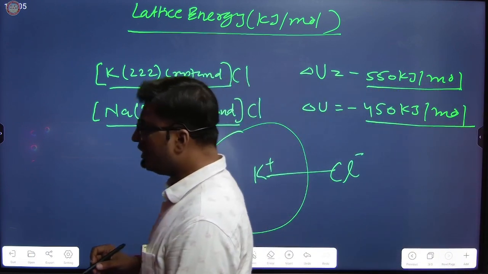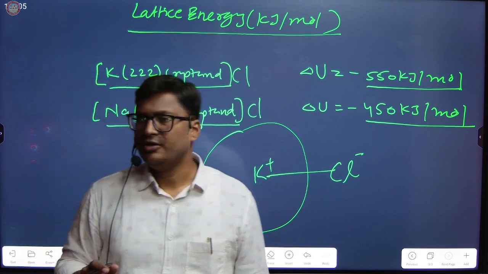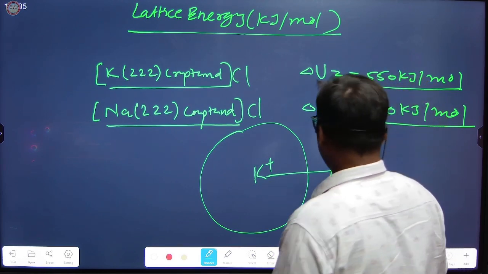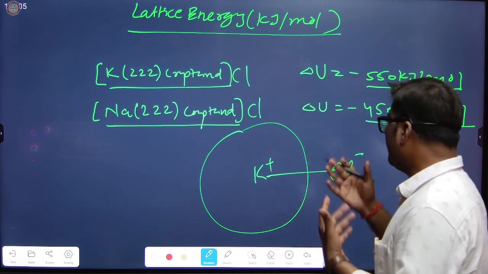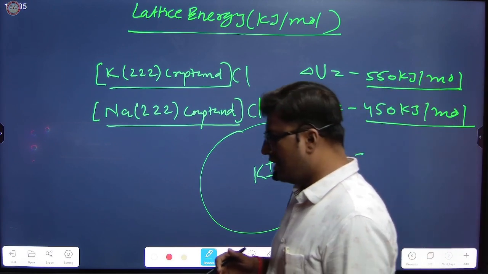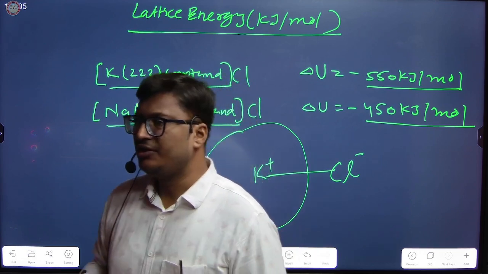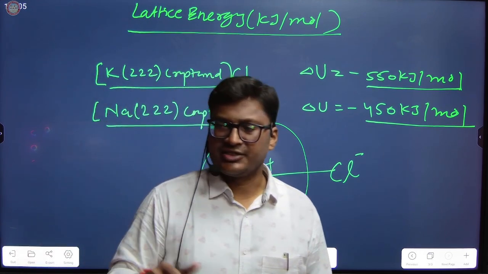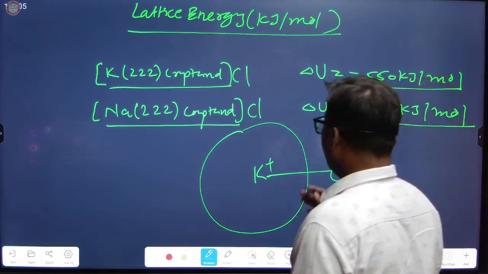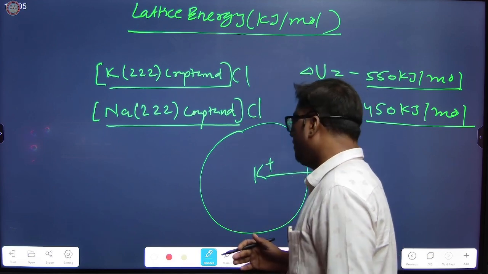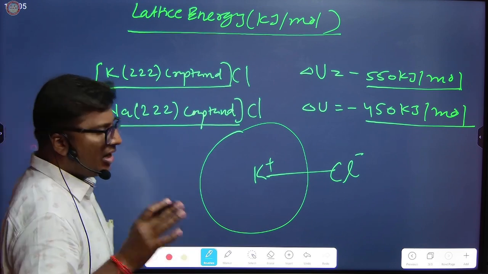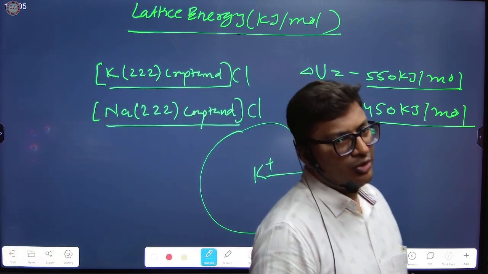So the lattice energy is expected to be low, and because of low lattice energy, it can be easily solubilized in other solvents. So this is the beauty of the cryptands. They can be solubilized in organic or inorganic solvents because of the low lattice energy.